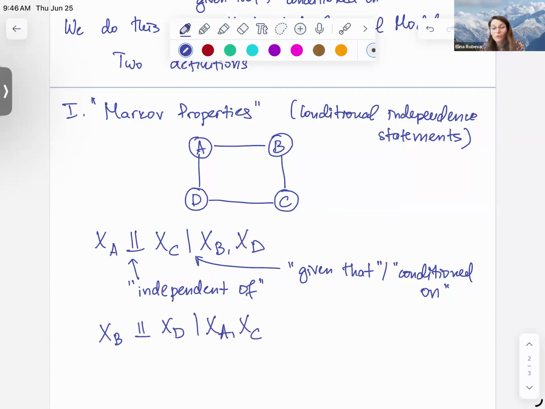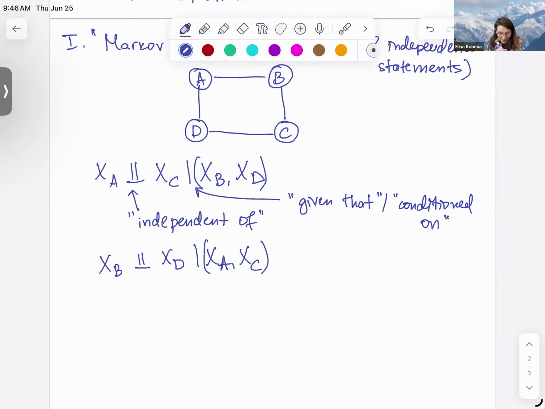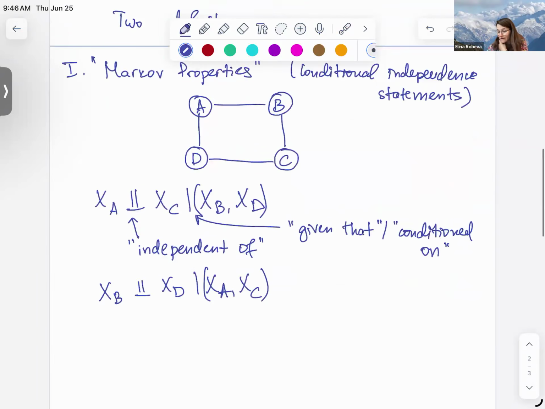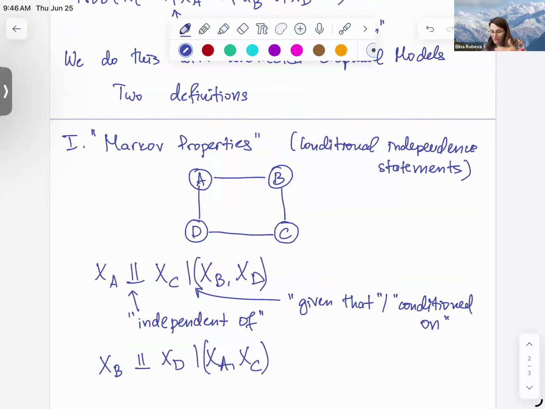Yeah, exactly. You need both. You need both XA and XC. So this means like both things. Yeah, exactly. And same logic here. So B does not really influence D if you know A and C already. Okay, so we'll explain exactly how to define this. So that's one way to define the graphical model with respect to this graph.